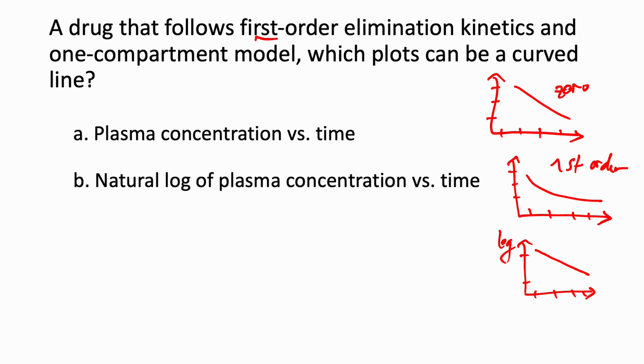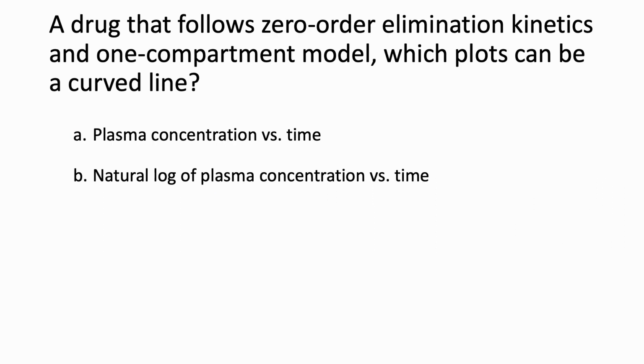So for this question, if a drug follows first order elimination kinetics and one compartment, the curved line is the one in the rectangular coordinate, or plasma concentration versus time. If it's a natural log of plasma concentration versus time, the plot will be a straight line. Question. A drug that follows zero order elimination kinetics and a one compartment model, which plot can be a curved line?